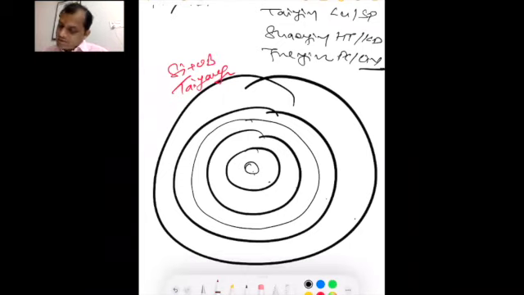The second layer is called Yang Ming, large intestine plus stomach. The third layer is called Shao Yang, triple burner plus gallbladder.